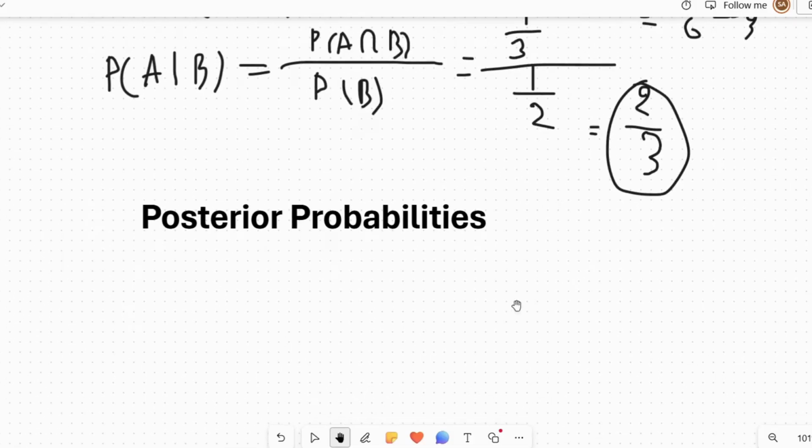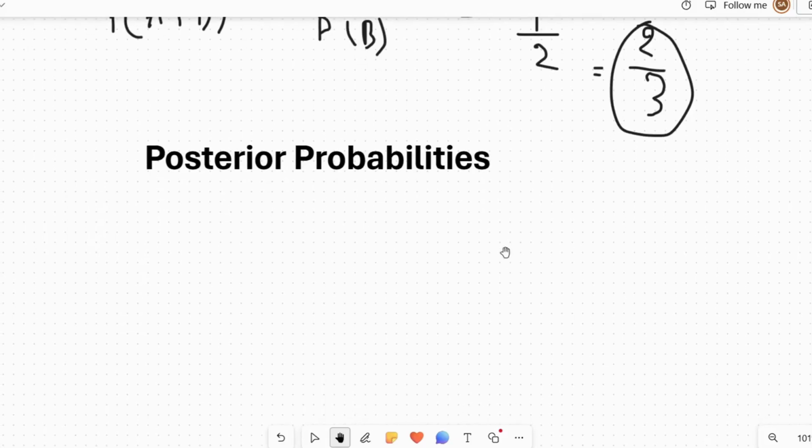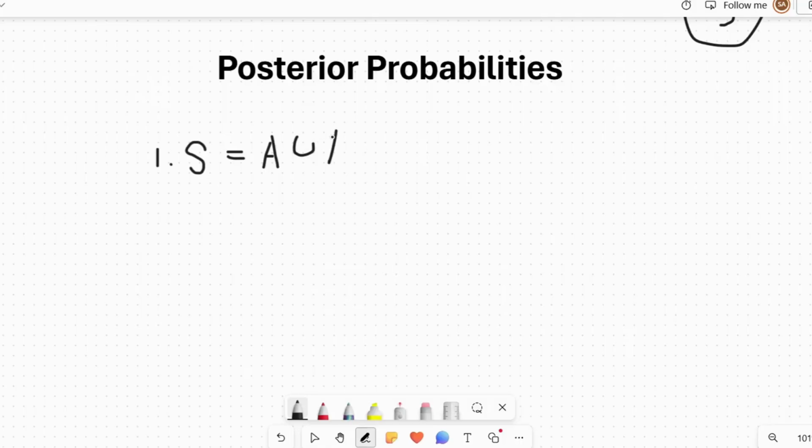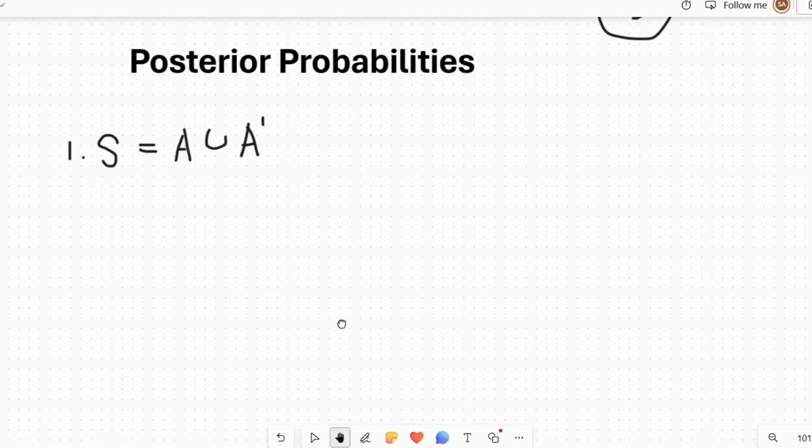Now let's talk about the law of total probability. We write some formulas about the law of total probability. One is S, which means sample space, equals A union A complement. It means overall all elements of a set.